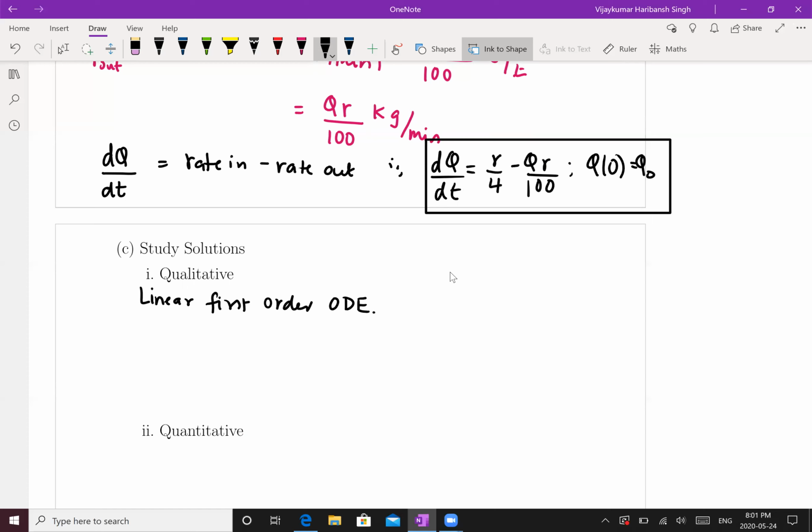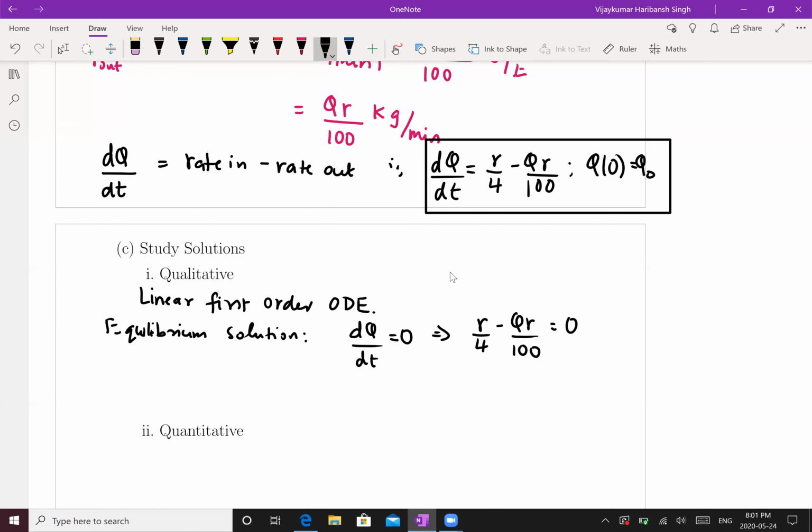Now, the second thing to study is the equilibrium solution. The equilibrium solution is when dQ by dt is 0, which amounts to saying R by 4 minus QR by 100 equals 0, which gives me Q. So cancel R from both sides.